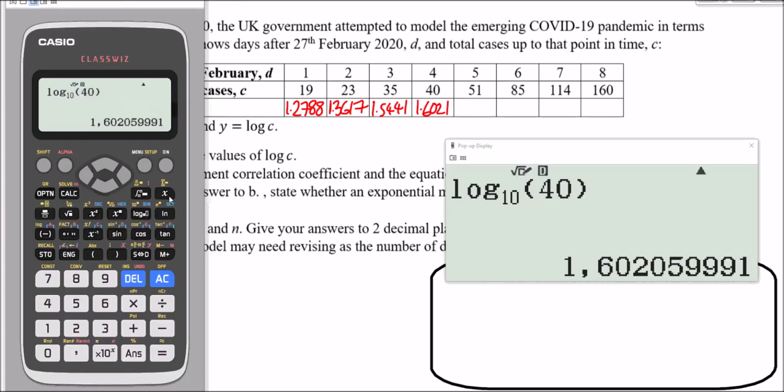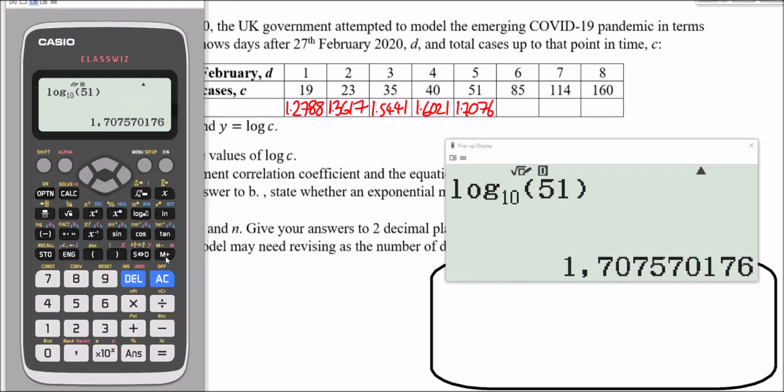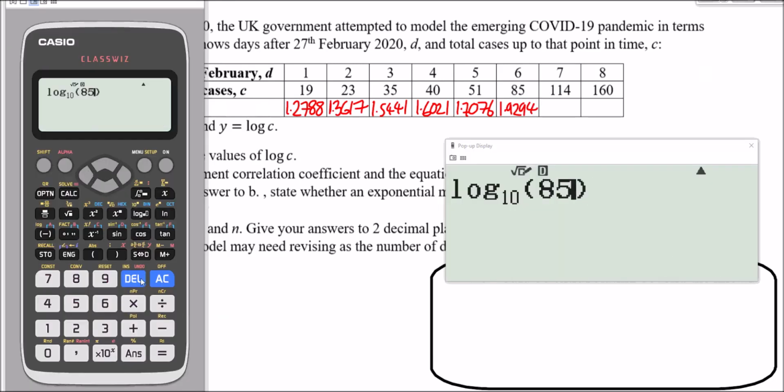Then log of 51, not too many more to do now. Log 51 gives us 1.7076. Log 85, 1.9294. Log 114, 2.0569.